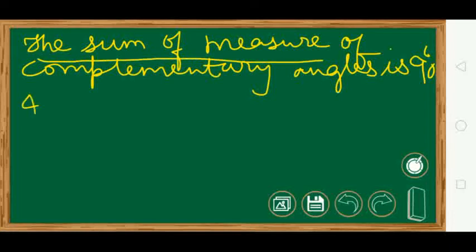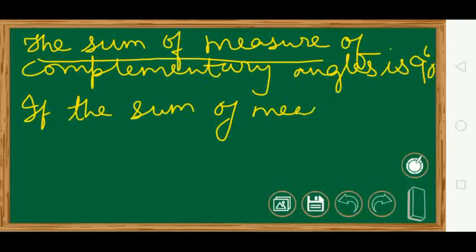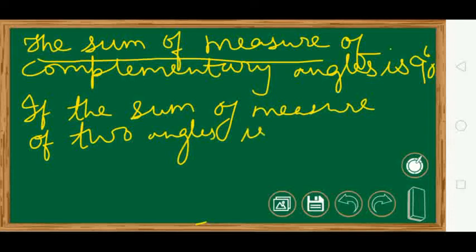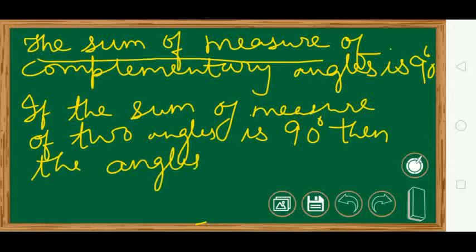So we will write: if the sum of measure of two angles is 90 degree, then the angles are complementary.